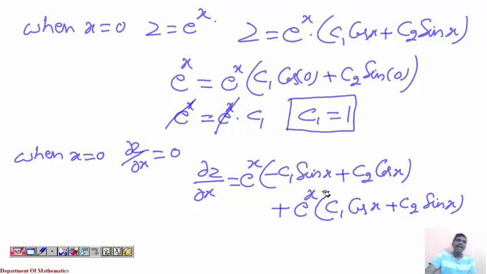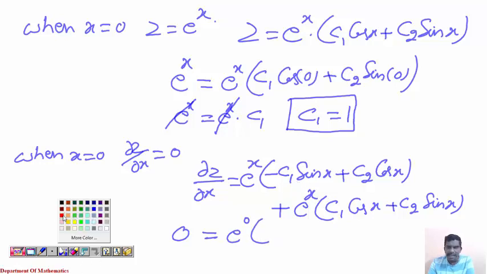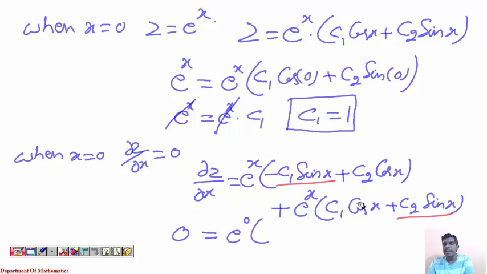Now, we have to substitute this condition: dou z by dou x is equal to 0 when x value is 0. When x value is 0, e to the power of 0 is 1. Wherever sine is there, that term will be equal to 0. Only this and this will remain.